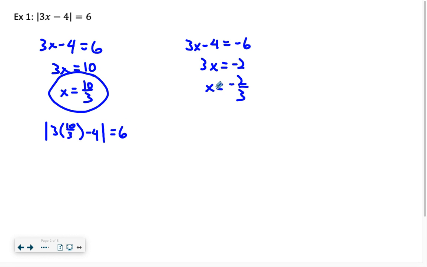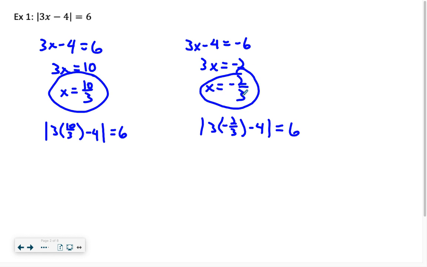So this is one of my answers. Do the same thing here. So the absolute value of 3 times negative 2 thirds minus 4. So 3 times negative 2 thirds would be negative 2. Negative 2 minus 4 would be negative 6. And the absolute value of negative 6 is 6. It works. So both of these are solutions.